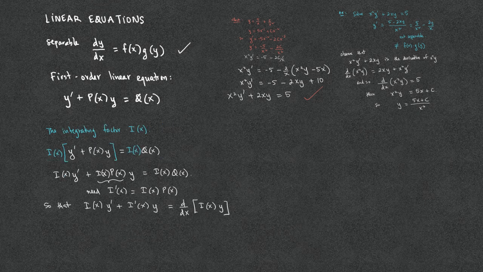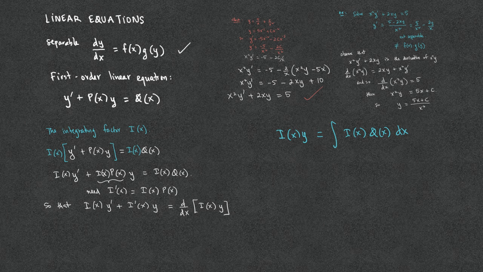And so, since the left-hand side is the derivative of I(x)y, I(x)y must be the integral of the right-hand side, the integral of I(x)q(x) dx. Note that if we take the derivative of I(x)y, we end up with I(x)q(x).